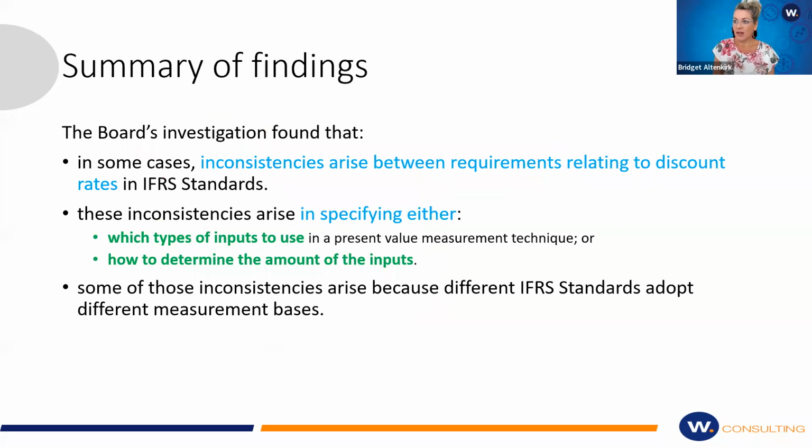So if we look now at the outcome of the project that the board embarked on, they did identify that there are inconsistencies between the guidance contained in these standards, as I have just explained, as to what is required in a discount rate and what should be taken into account. They picked up that these inconsistencies arise in specifying which types of inputs should be used in a present value technique and how the inputs should be determined.